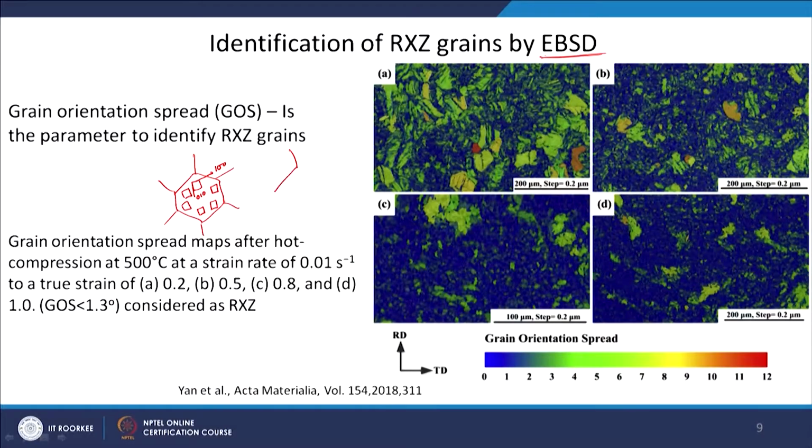But if I do the same measurement now in a grain which is deformed, you will have subgrains. So, what will subgrains do? When a subgrain or subgrain boundary is there, there will be a slight change in the orientation of the unit cell.